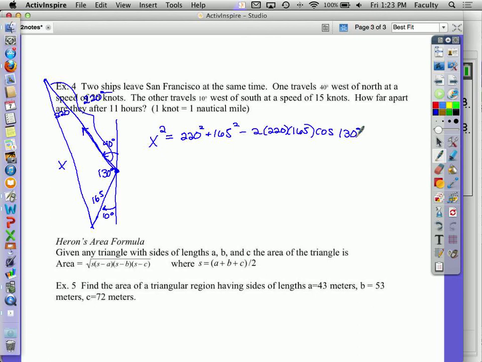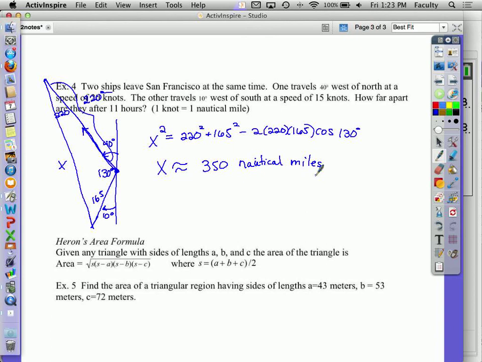And this one's not a bad bearing problem, is it? This is very doable. I'm getting about 350 nautical miles. I got 349.7-ish. You guys getting that? Okay, yay.